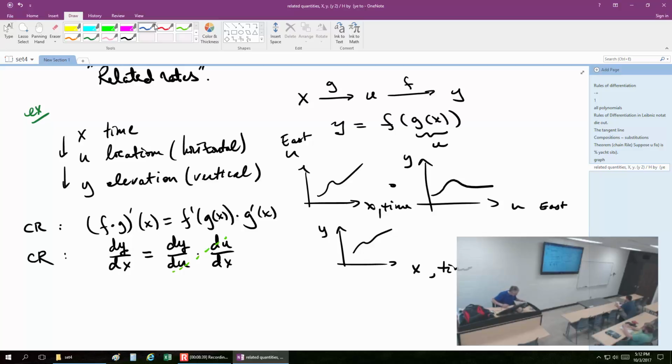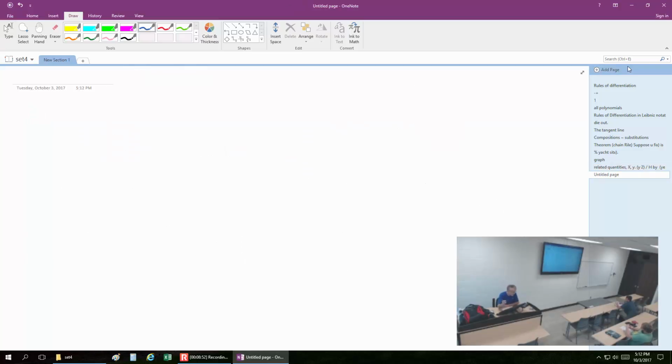Okay, so we did this. A balloon is being filled at a particular rate, and you want to know how fast the radius is changing.